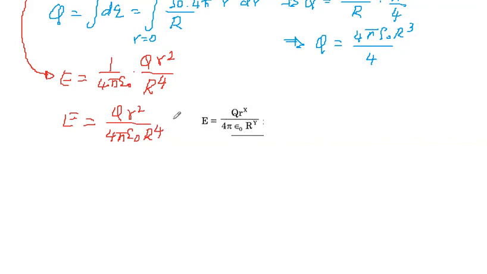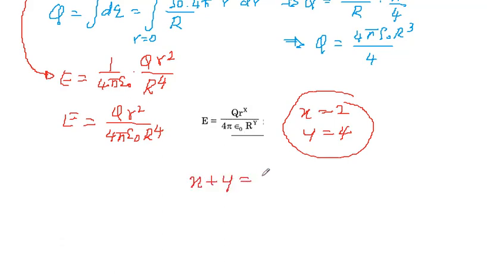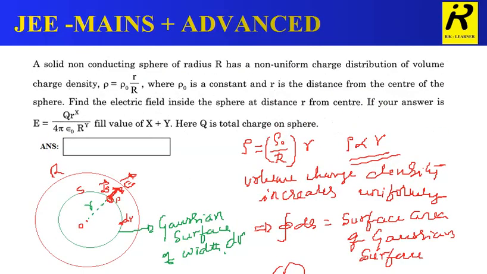So q r square r x, that means x is equals to 2, so 4 pi epsilon o in the denominator, r to the power y, and here r to the power 4, that means y is equals 4. So what do we need? We need the sum of these two, x plus y. So x plus y is 2 plus 4, which is equals 6. This must be our answer. So now I have to write the answer as 6. Okay, so 6.